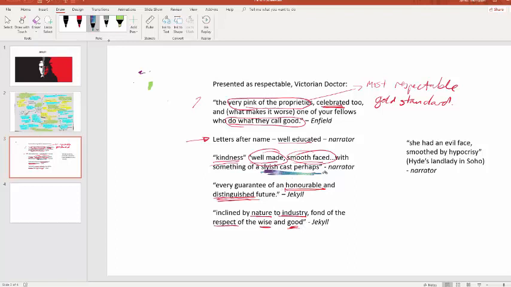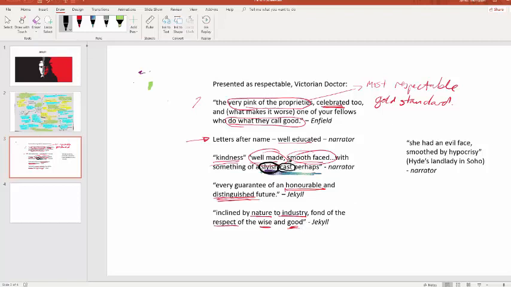A cast is a slight turn in your eye, not quite a squint, but a very slight suggestion that one eye isn't quite in line with the other. And it's described as slyish. Now, if you're sly, that means you're not quite honest. So there's something slightly negative about him.